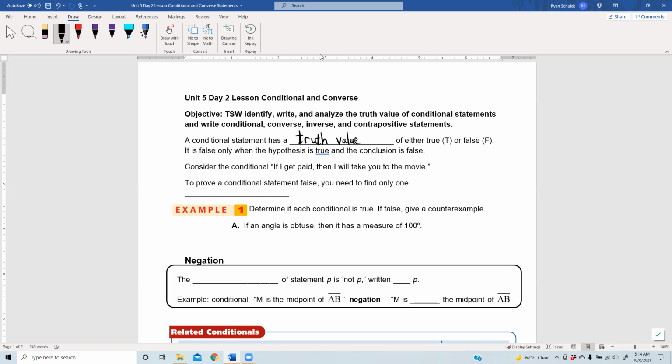Well, that could be false because I could not take you. Making this false.